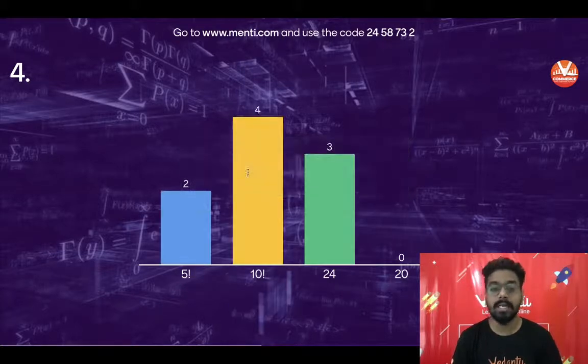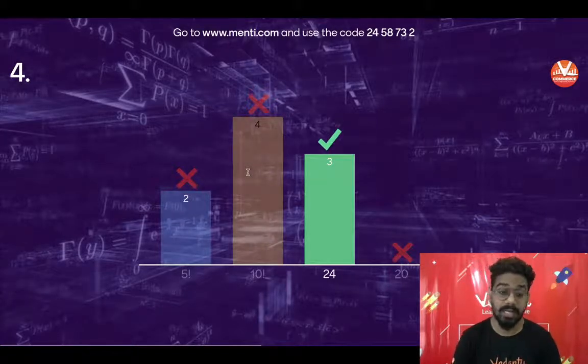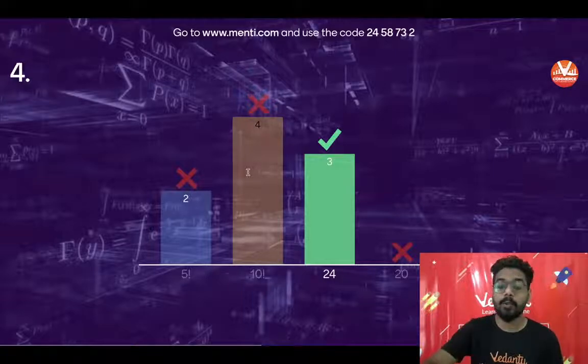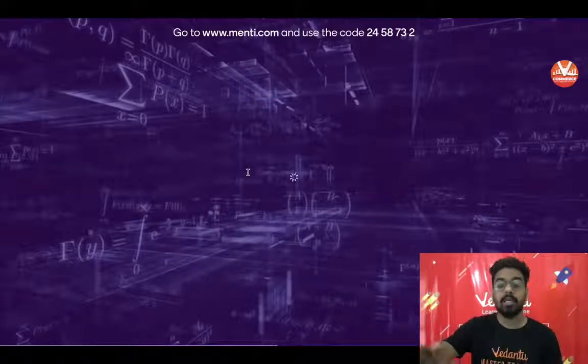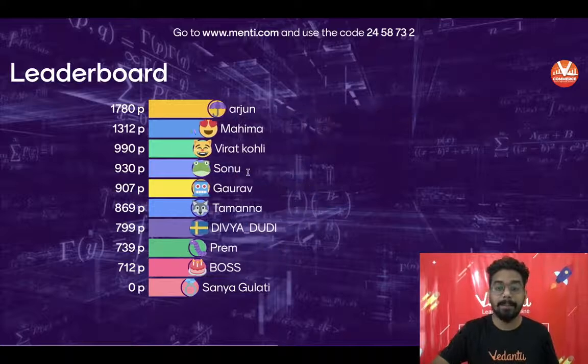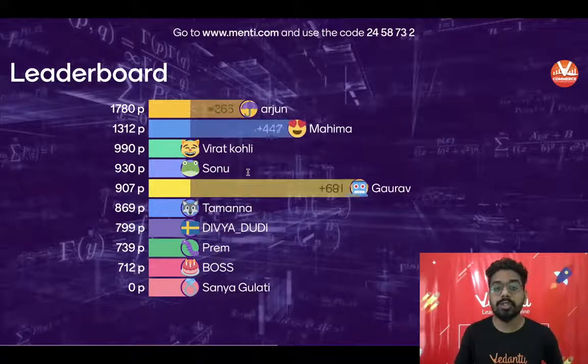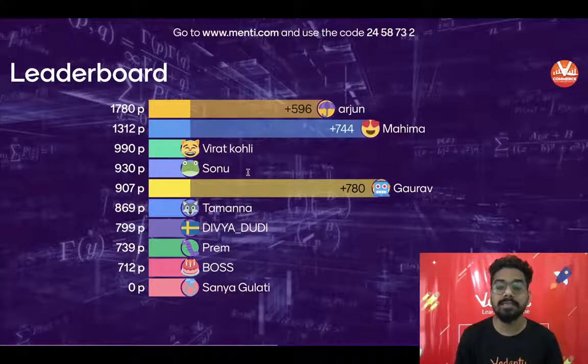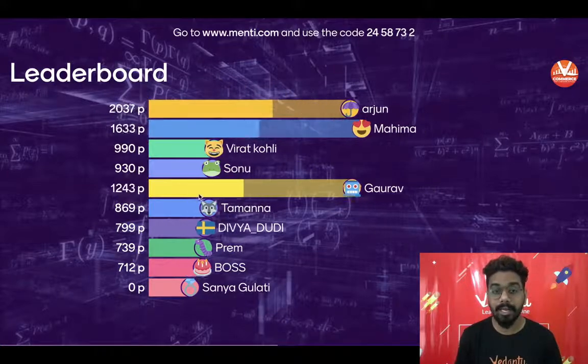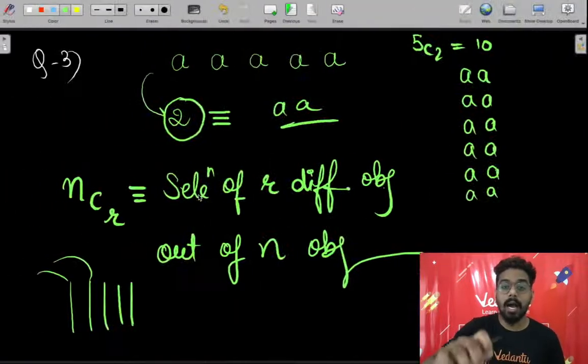Everyone has answered. 9 people have given answers, and that's really great. 3 लोगों ने इसका आंसर किया है. And Arjun, Mahima, Gaurav have given the right answer. Very good. And we will see how exactly we will write down the answer.